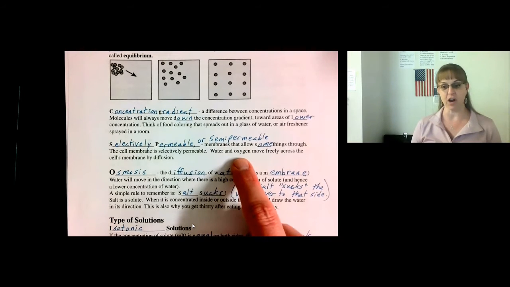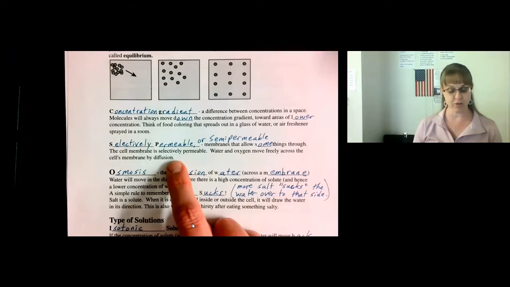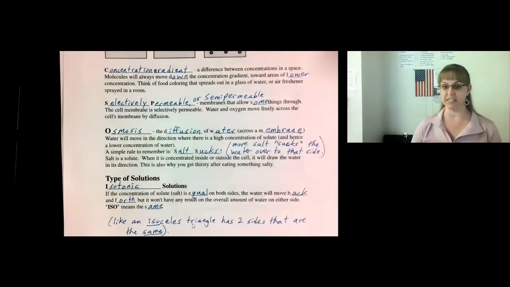Water and oxygen are two examples of tiny molecules that can easily move across the cell's membrane by diffusion. Osmosis is the diffusion of water across a membrane. Let me give you a little more details. First of all, osmosis is a type of diffusion. The particles spread out from high concentration to low concentration.